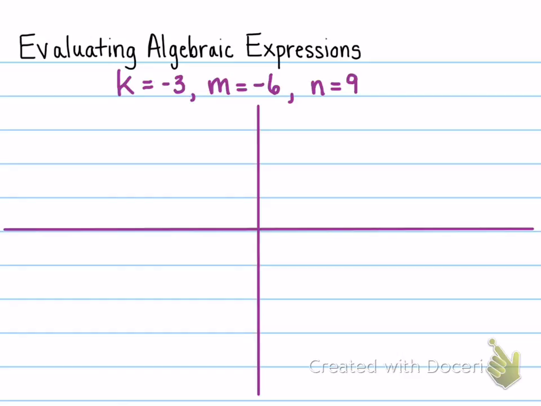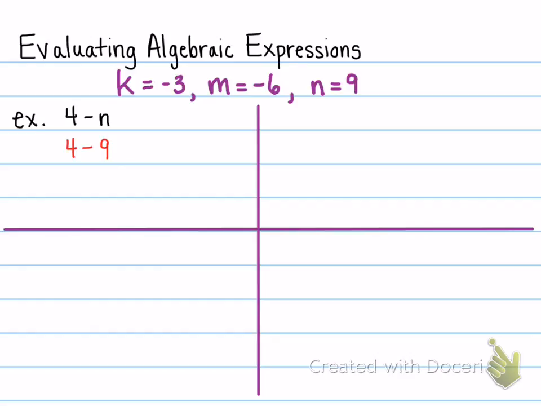You're going to get problems like 4 minus n, and you're going to be expected to plug in the value of n for the variable and then solve the expression. So when I look at this problem, 4 minus n, it shows me on the top that n equals 9. So you rewrite the problem, 4 minus, and instead of n, you write 9, and then follow the rules that we've learned for solving all of these problems.